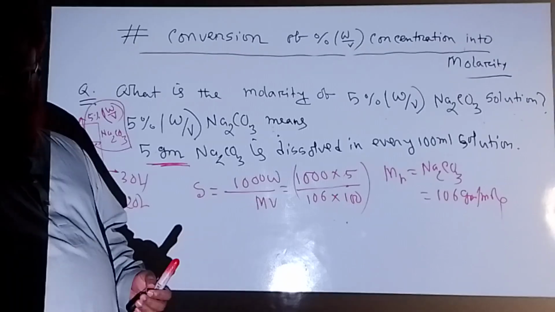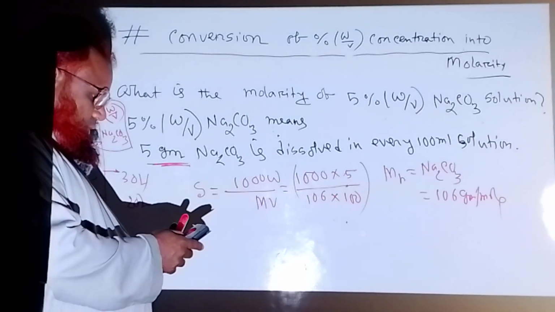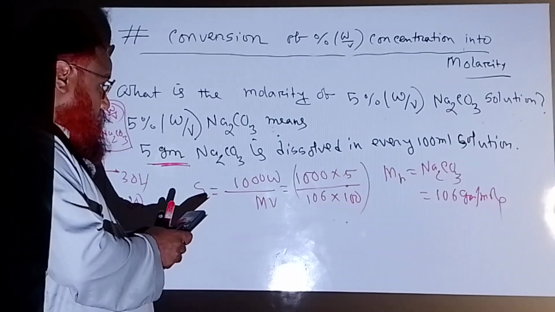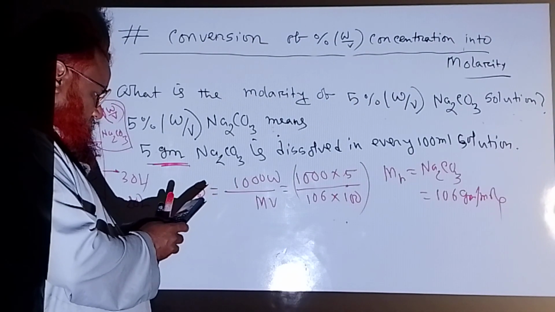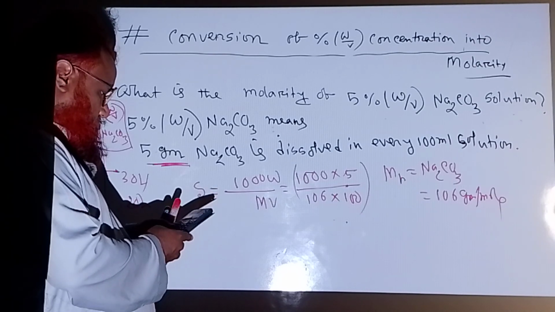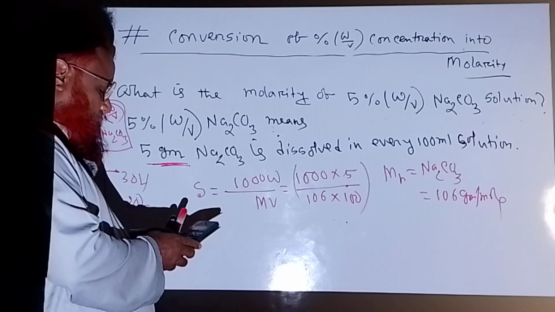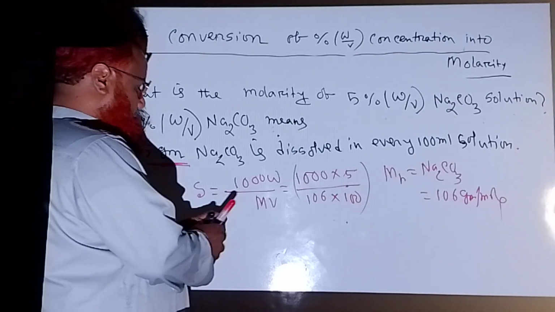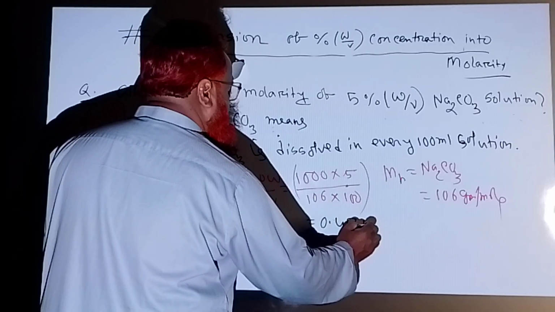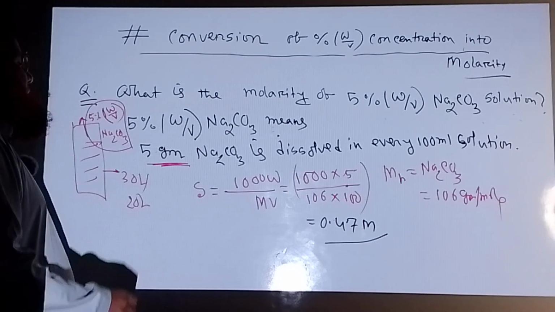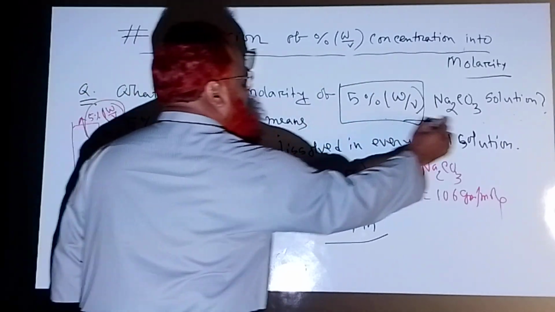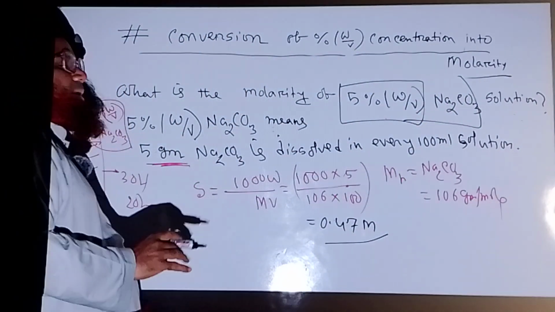Now do the calculation: 5 times 1000 divided by 106 into 100. What will be the result? 0.47. Now, the final is 0.47 molar.